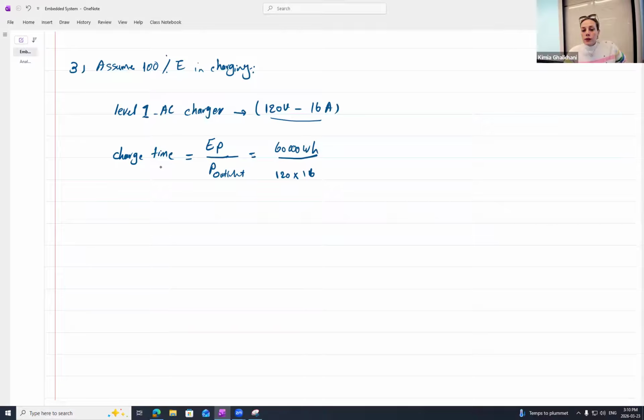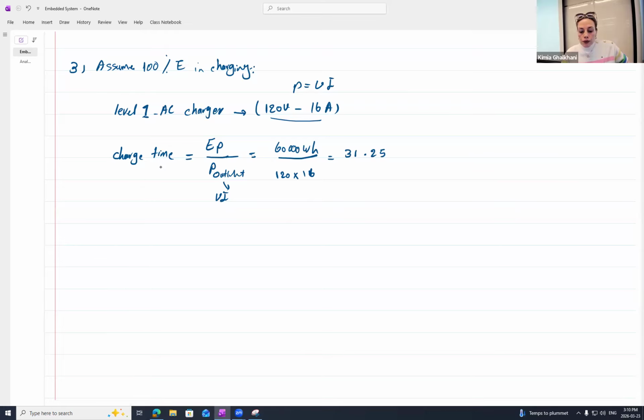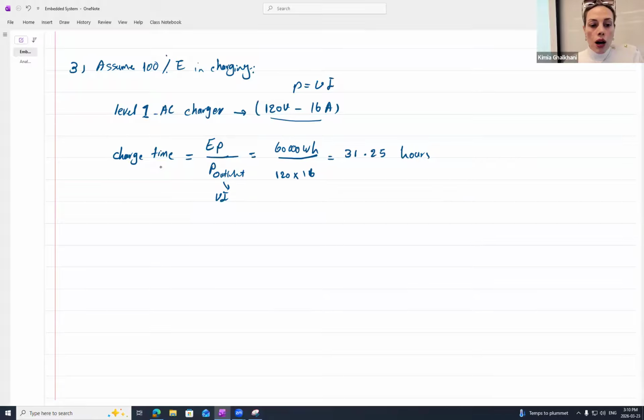Power means VI, right? So that's why in here, I say VI from the level 1. Then it becomes 31.25 hours. If I'm using level 1, it takes plus 31 hours in order to charge it for 100%.